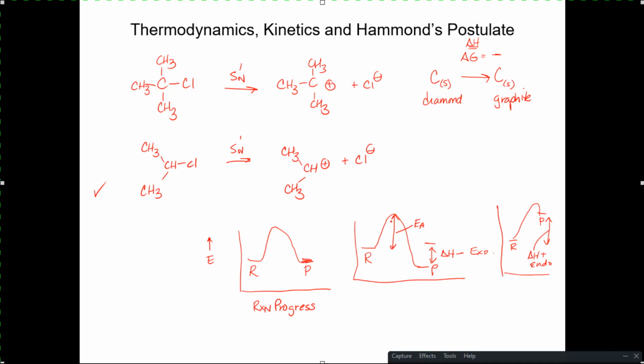What Hammond actually said was that if you took a reactant, and let's say that you were going to be able to form two different products, here's product one, and here's product two.